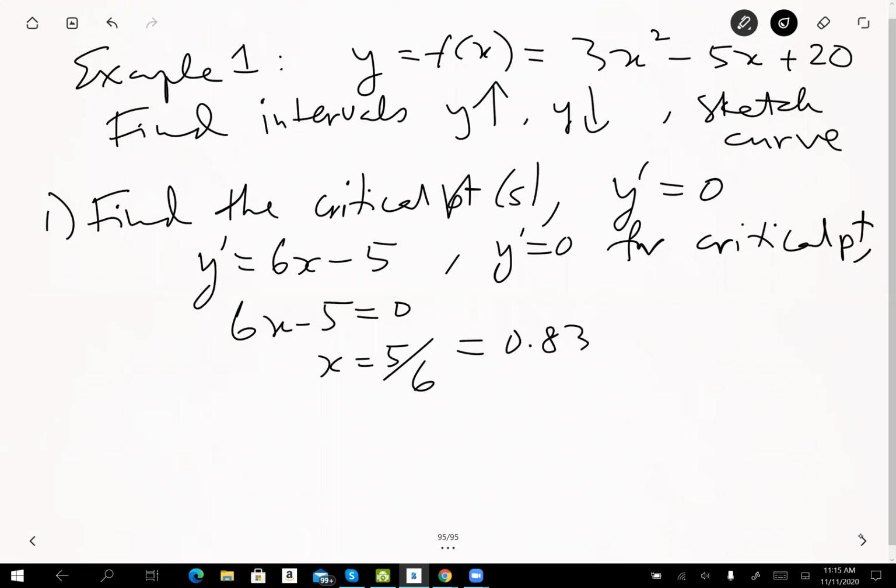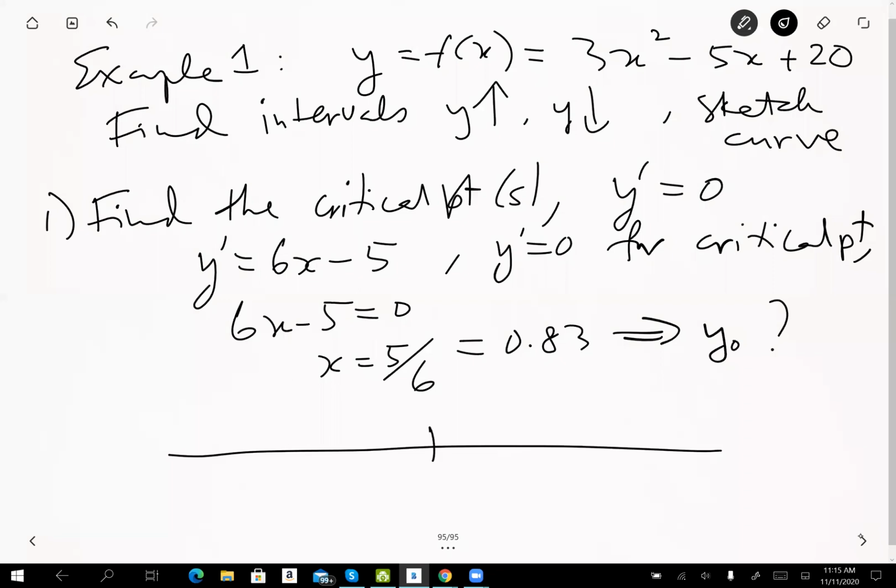Okay, so that is our critical value of x, 0.83. Of course, here you can find the y0, but we do it afterwards. We want to focus on the x because I want to find the area for which the derivative is positive and negative. You don't have to do this, because once you know the critical point, you can automatically break it down into intervals.